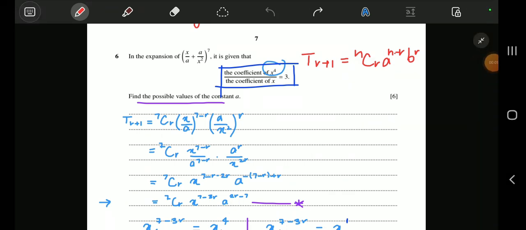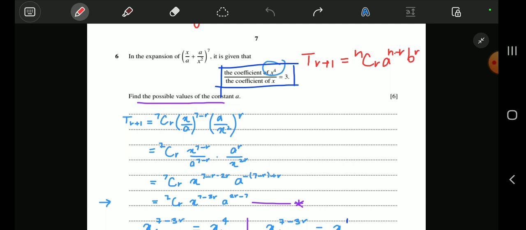Okay, so question 6 is about the expansions. So we know that we have a few formulas for the expansion, so we are going to apply that. Let's read the question. In the expansion of (x over a plus a over x square) whole power 7, it is given that the coefficient of x power 4 over the coefficient of x is equal to 3.